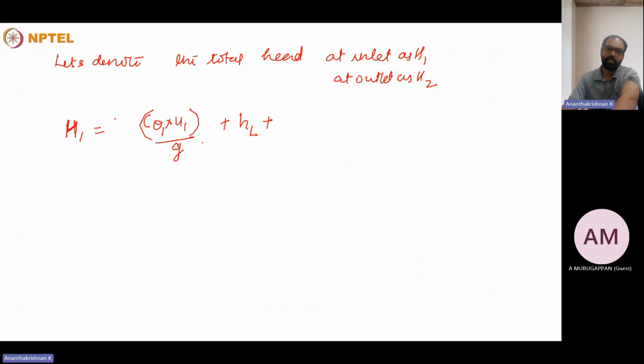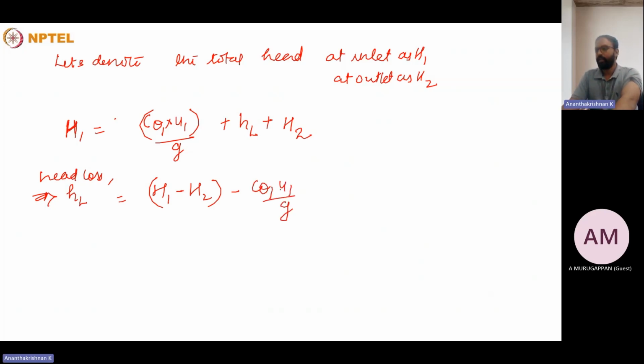This H1 minus this particular component will give you the head at the exit. So the head losses can be represented as H1 minus H2 minus C theta 1 U1 divided by g.